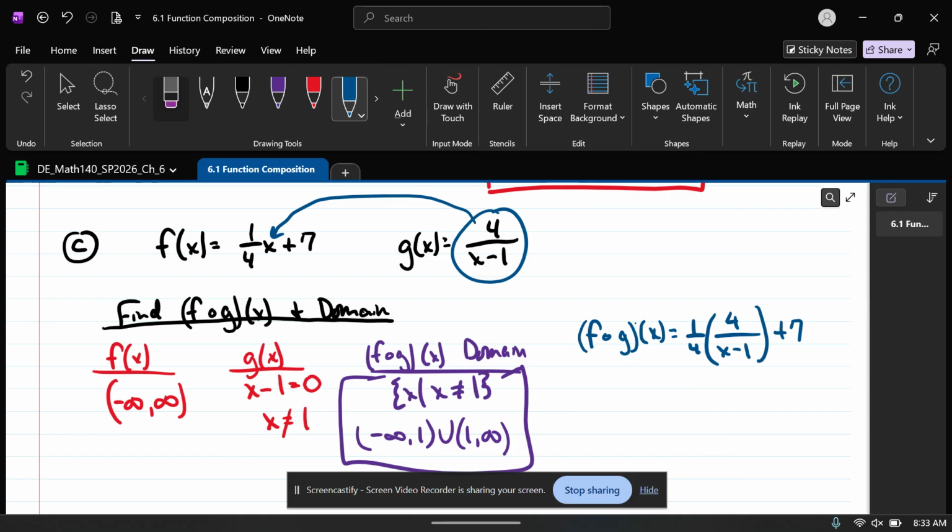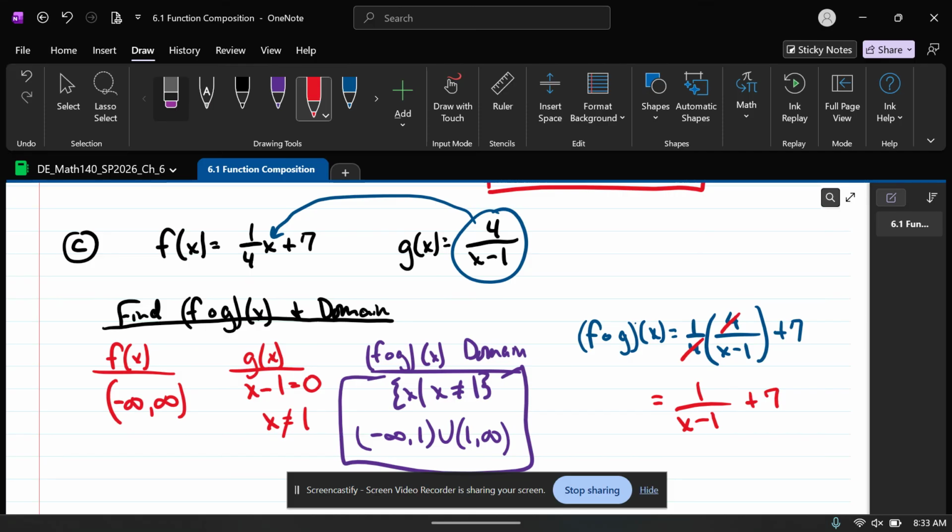What happens when you multiply those two fractions together? What can you do here and here? The 4 and the 4. Not cross multiply, but cross cancel. So 4 goes into itself once and into this 4 one time. So those 4s cancel each other out. And we end up with this fraction 1 over x minus 1 plus 7.